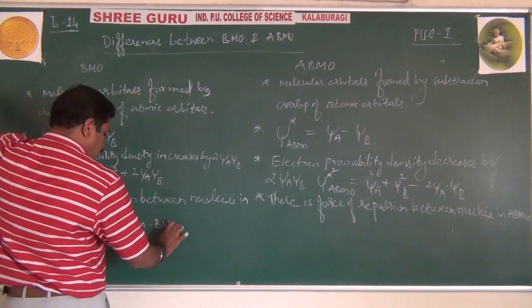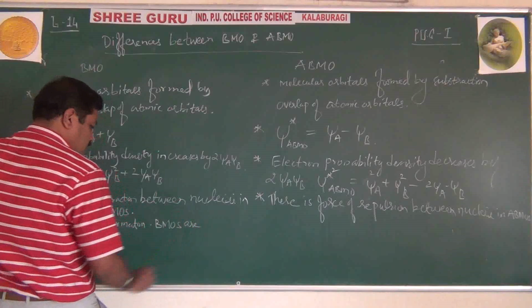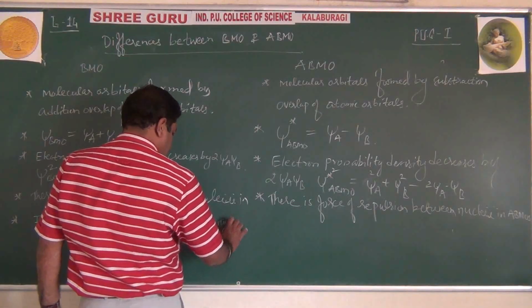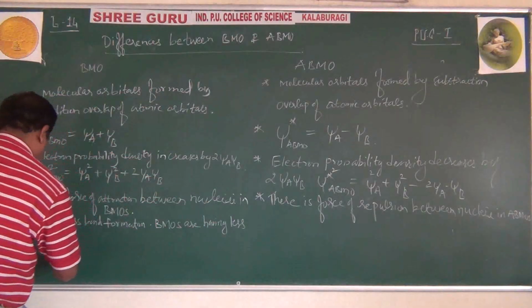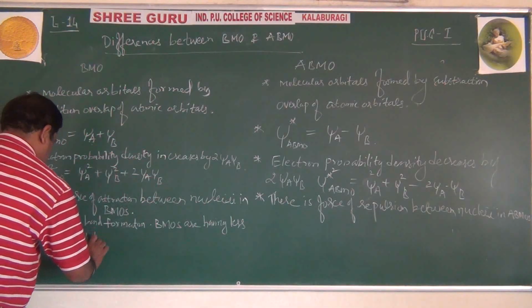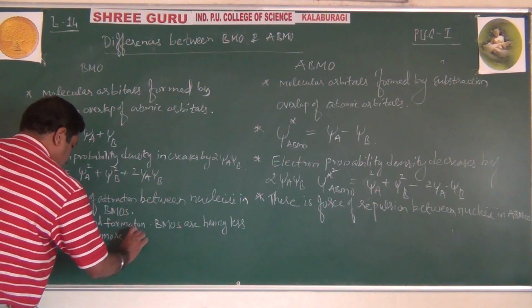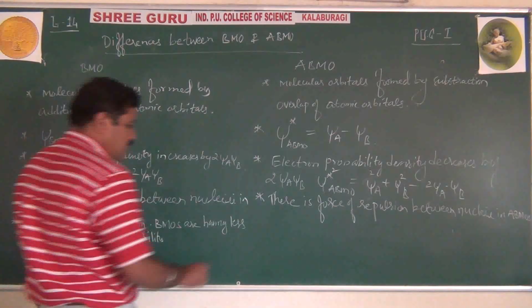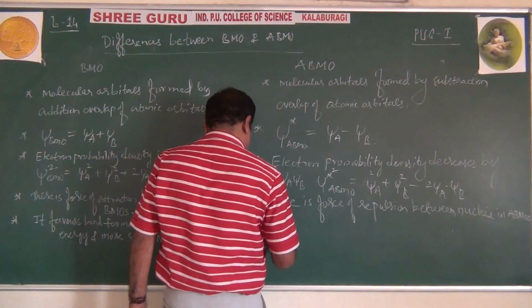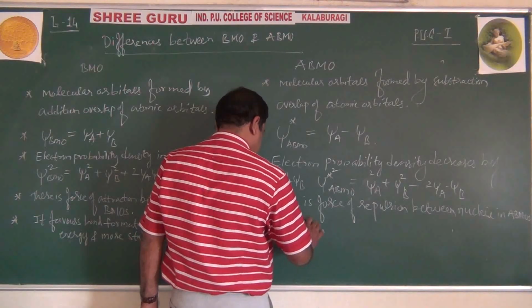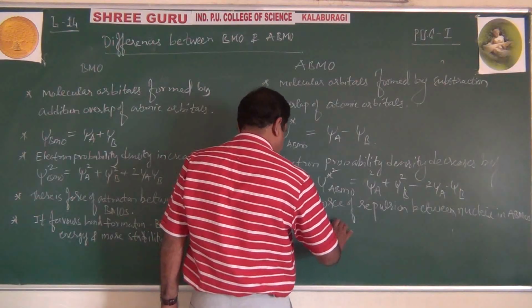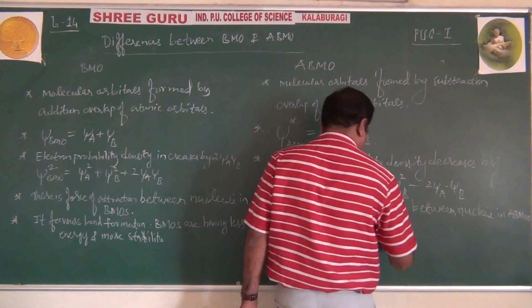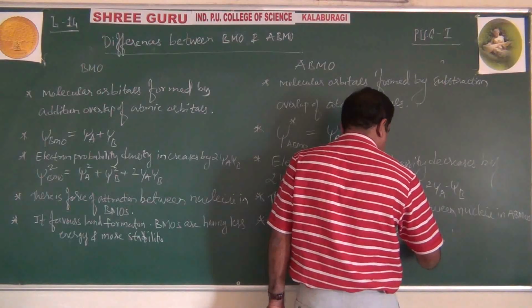Bonding molecular orbitals have less energy and more stability. But the anti-bonding ones do not favor bond formation.